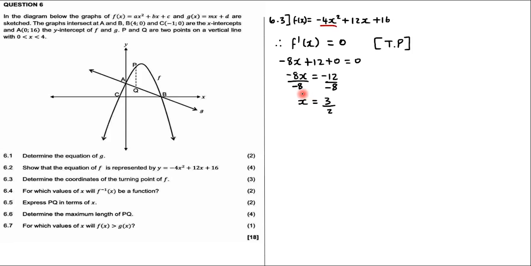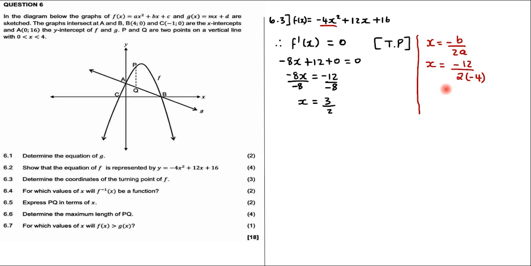Now this would have been the same even if you had done the other way around. The other way around is the one that you've been doing, where you say x equals minus b over 2a. With this one, x is minus b, which is 12, over 2 times a, which is minus 4.